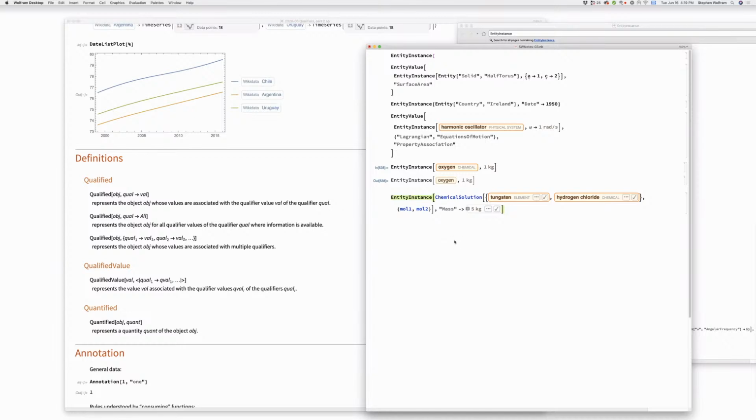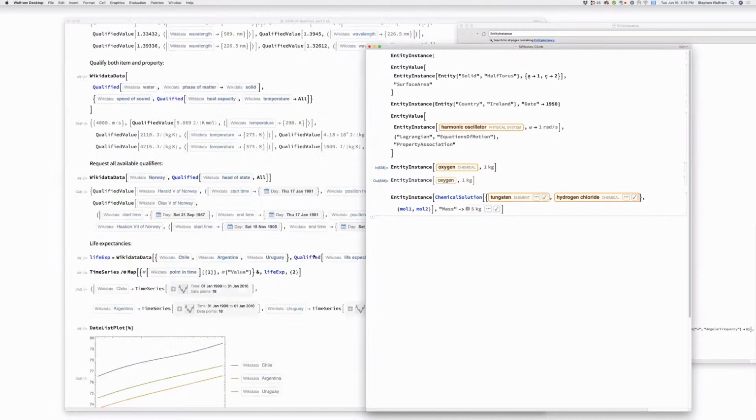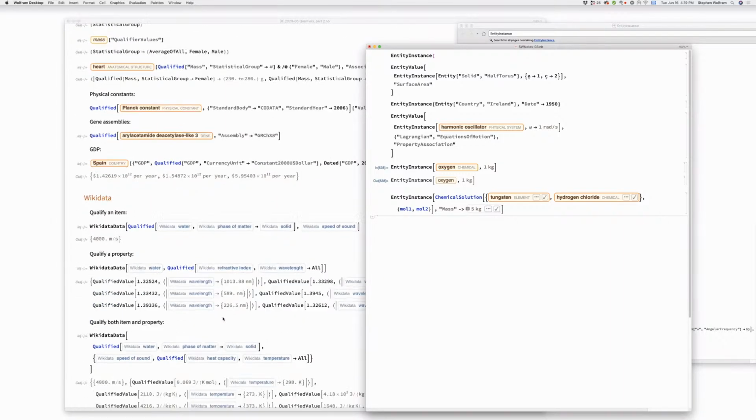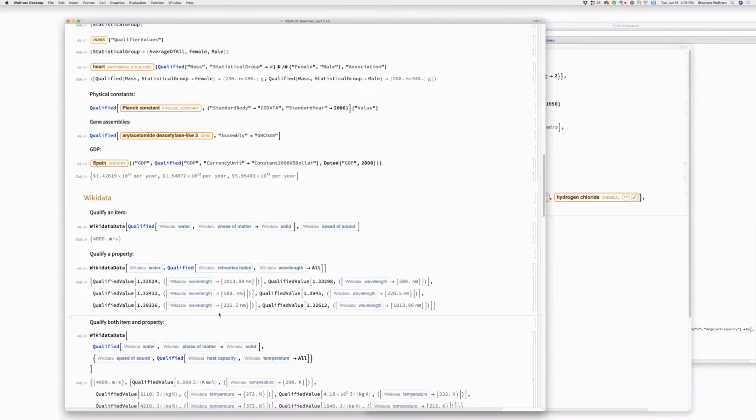Okay, so let's just write down the... Okay, so this is the Wikipedia version of this, where we're saying external identifier. So this is now just an arbitrary qualified value.